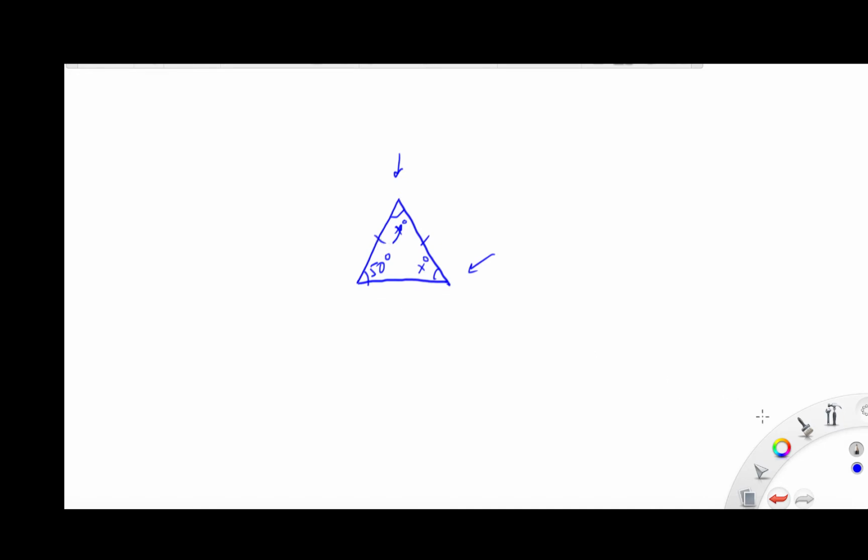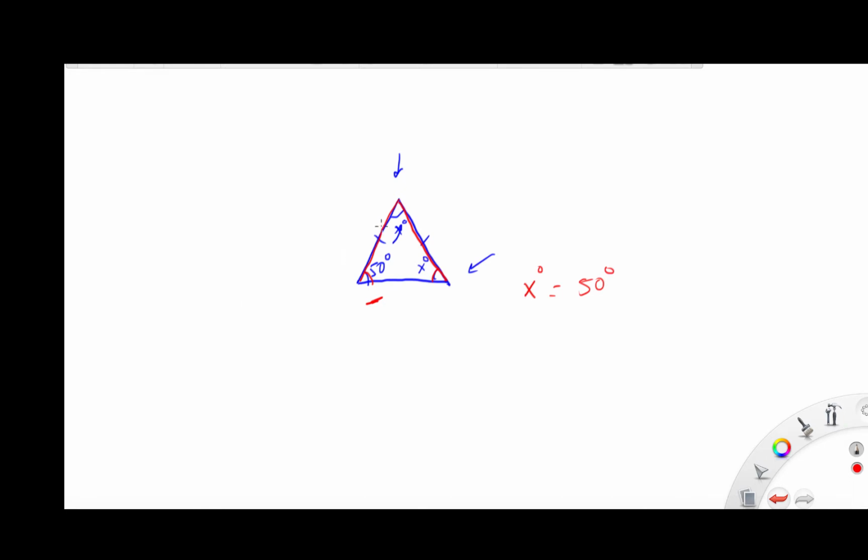Well, yes. If these two lines are exactly the same, that means the angles opposite them, okay, are exactly the same. So x degrees then is going to equal the same as this over here. So that's 50 degrees.